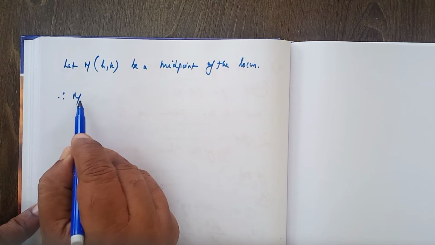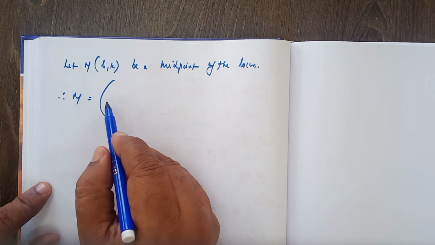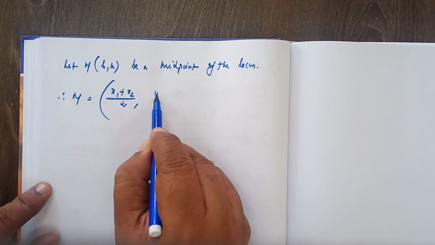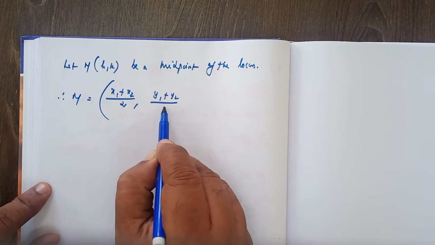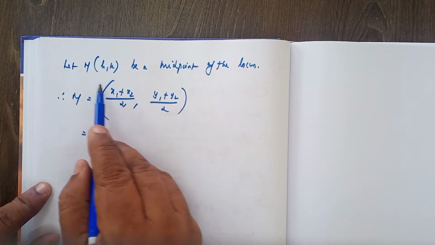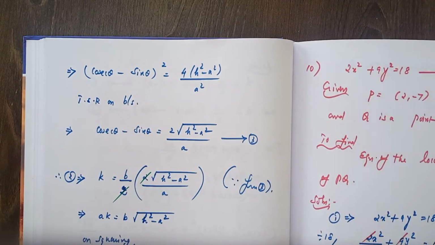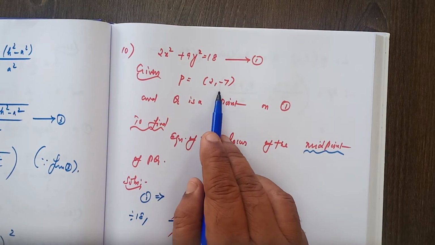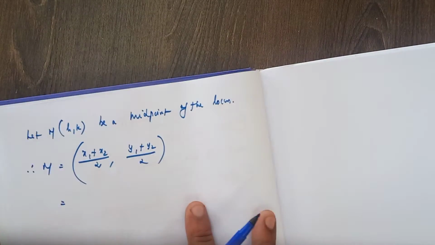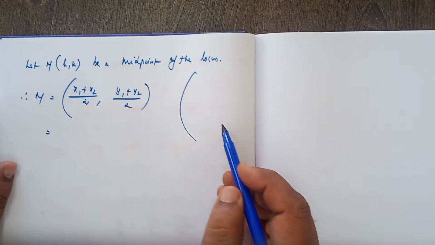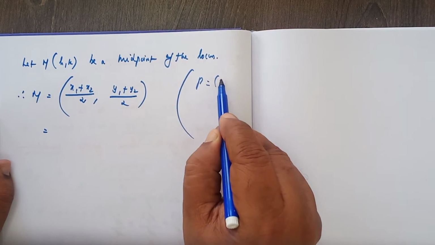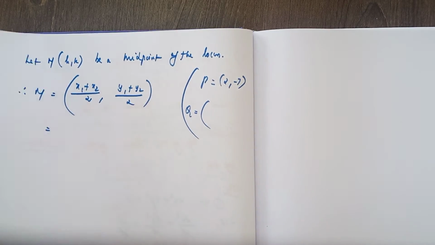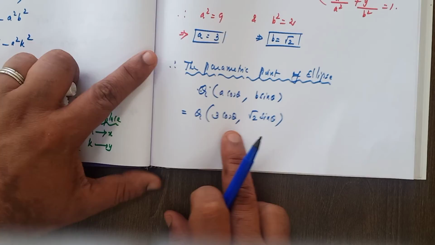Therefore we can find M using the midpoint formula (x1 + x2)/2, (y1 + y2)/2. Here it is the midpoint of the line joining P and Q. P is (2, -7) and Q is (3 cos theta, root 2 sin theta).